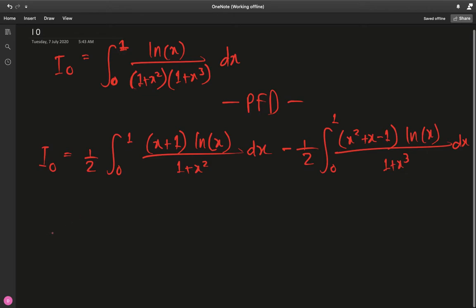And now pull out the halves from both the integrals. We have 2 I naught is equal to, split these up into different integrals.